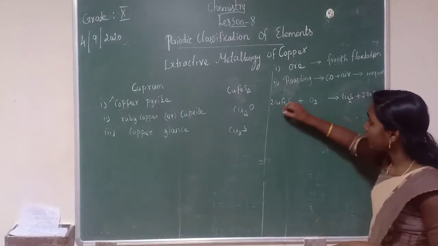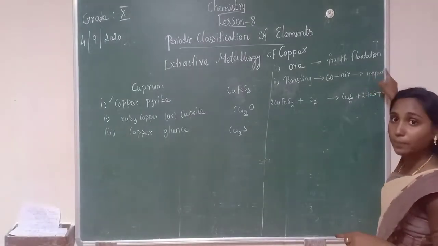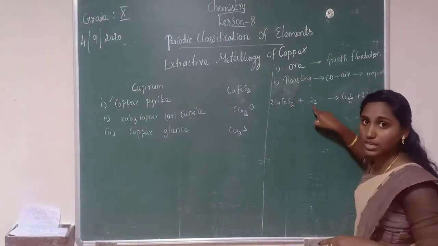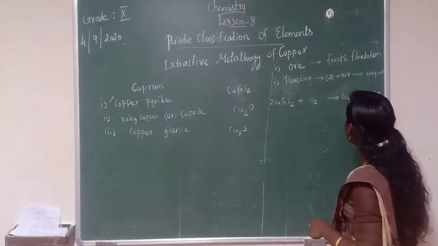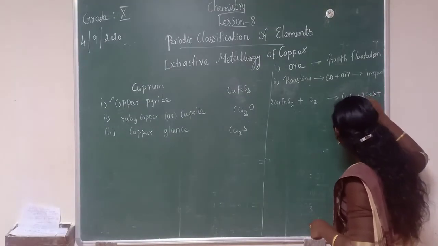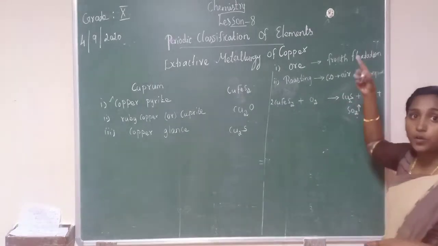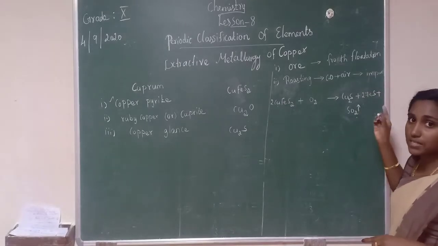So here, copper sulfate, iron sulfate, plus the impurity that will be removed. Here the impurity is sulfur dioxide, SO2. This is a gas, so we mention an upward arrow. Upward arrow means that it is a gas, and downward arrow means that it is a precipitate.